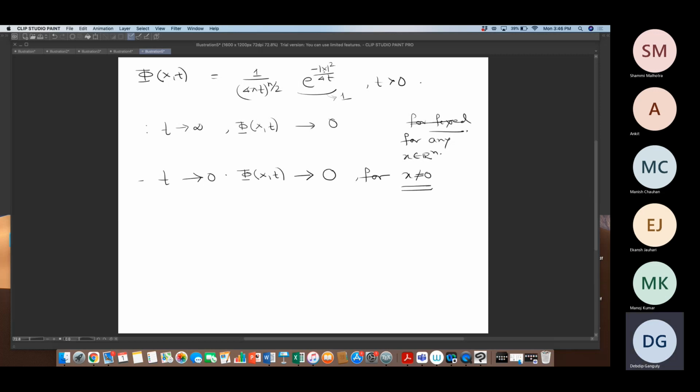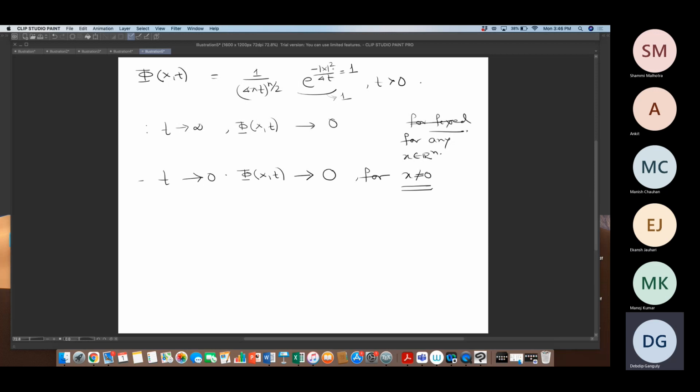See, if x equal to 0, then e to the power minus 0 is 1. As t tends to 0, this goes to infinity, right? So when t tends to 0, phi(x,t) goes to 0 for x not equal to 0.